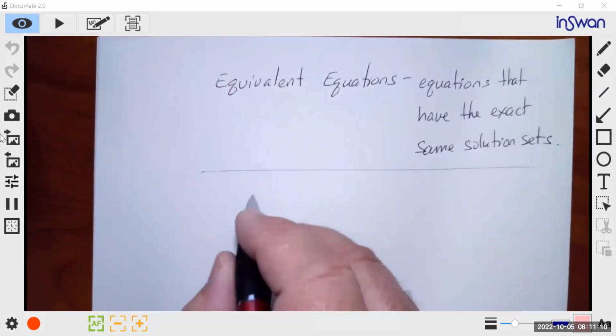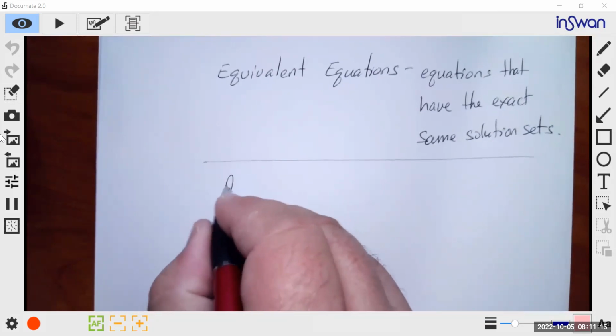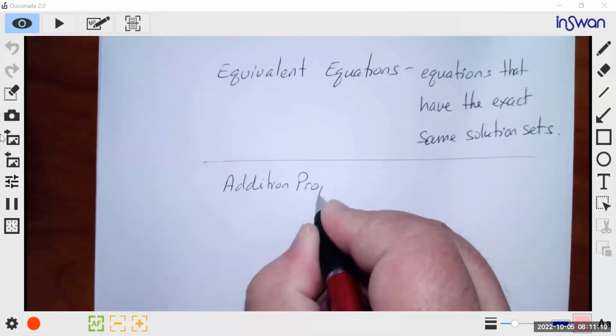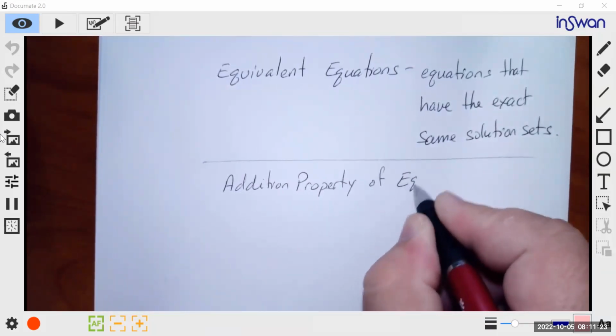All right. So let's look at this. Let's first define what we mean by the addition property of equality.